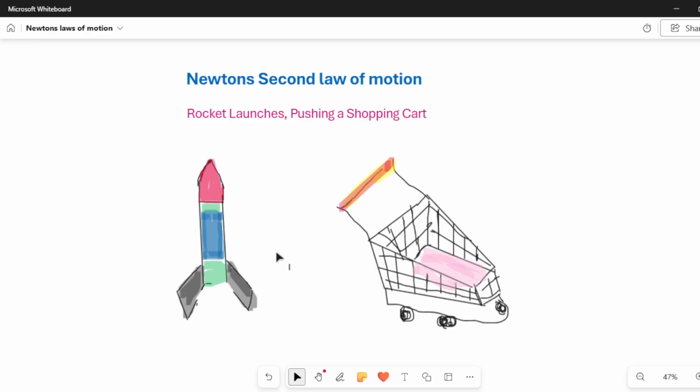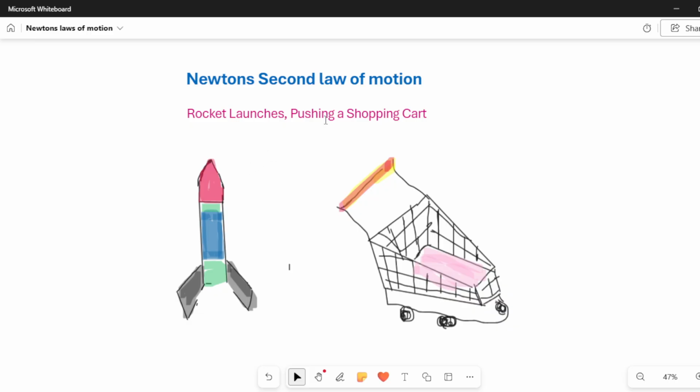The other one for Newton's second law of motion is rocket launches. What concept are rockets using? As rockets move up into space, the fuel is getting burnt. So the mass of the rocket keeps reducing.